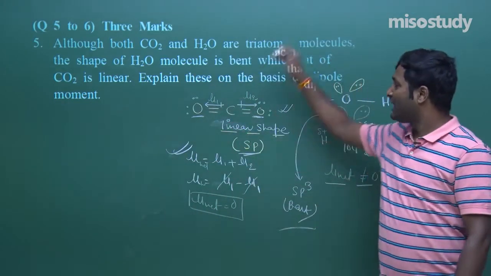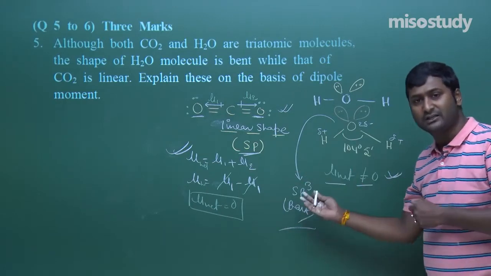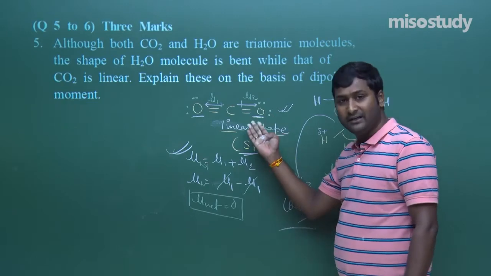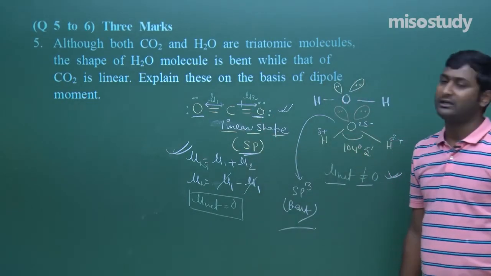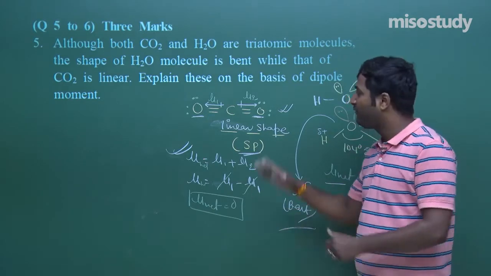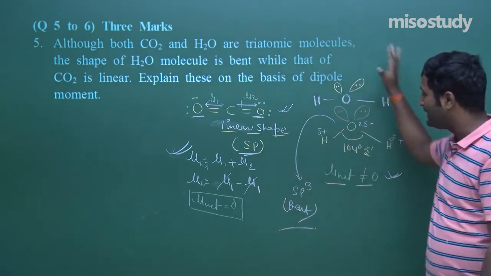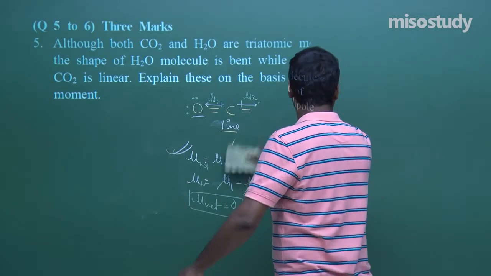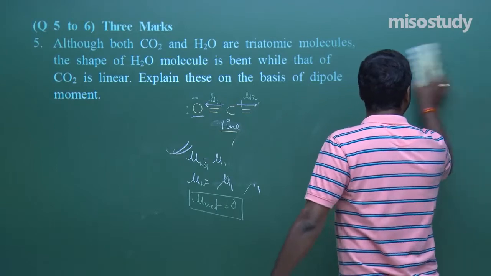This is the complete explanation, in terms of bond angle, hybridization, shape, and also dipole moment. Definitely it will help you a lot if you have a command over the theory. Clear to you? Now I am going to rub this part, my friend, and we'll discuss the next question.